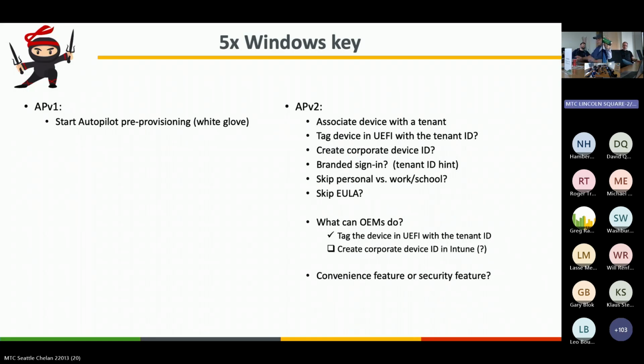I think that's just a CYA type of thing, but they don't consider this to be a security feature. Now, if you're only going to allow devices with a particular corporate device identifier to enroll, it in effect achieves the same thing. But I think Microsoft would tell you not to do this for security reasons, do this just for convenience.